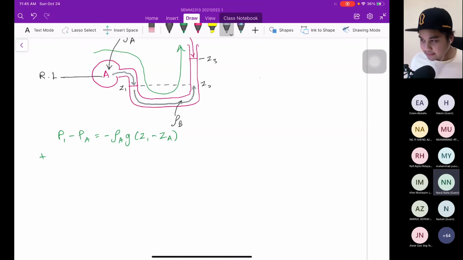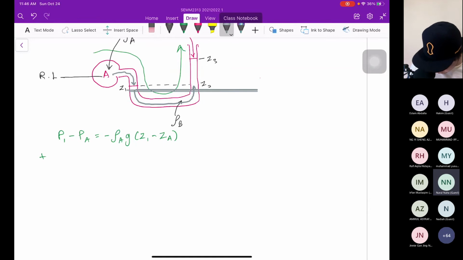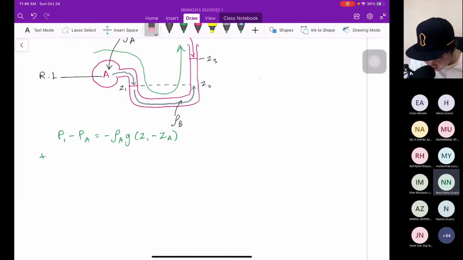You can see Z1 go to Z2. Do you think the pressure is the same, Z1 equal to Z2 or different? Remember our pressure in the horizontal, is it the same or does it vary? Same. So we can jump from Z1 to Z2.